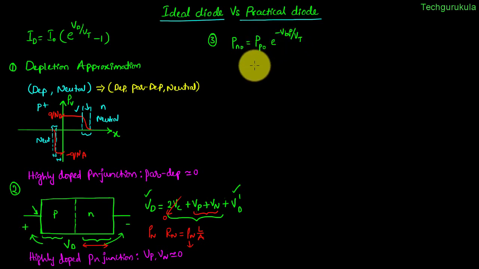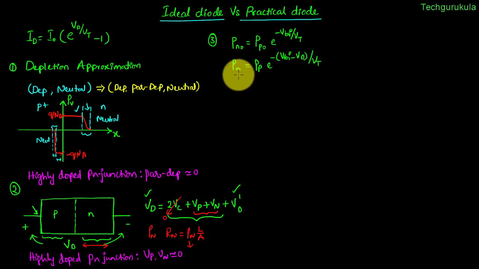And we extended this and said that even when the diode is not under thermal equilibrium, this equation would be valid, telling Pn would be equal to Pp times e power minus of Vbi minus Vd over Vt, where Vd is the potential across the depletion region.